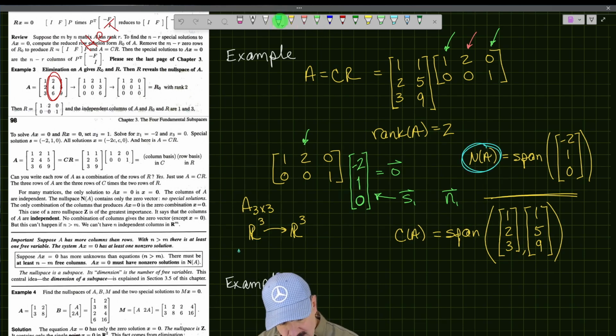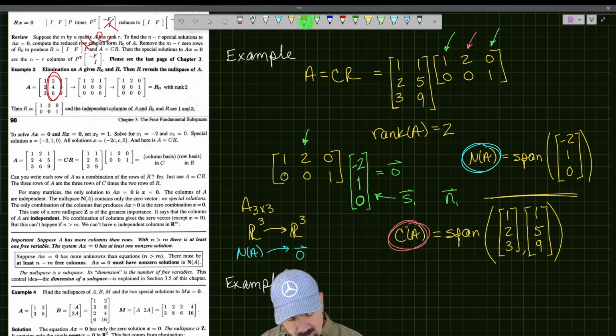The null space is over here because it's all the stuff that maps to the 0 vector. The column space is over on the other side. So the column space is over on this side. It's all of the vectors that can be built as a linear combination of the columns of A. We'll talk more about this. This is coming up in a few lessons.